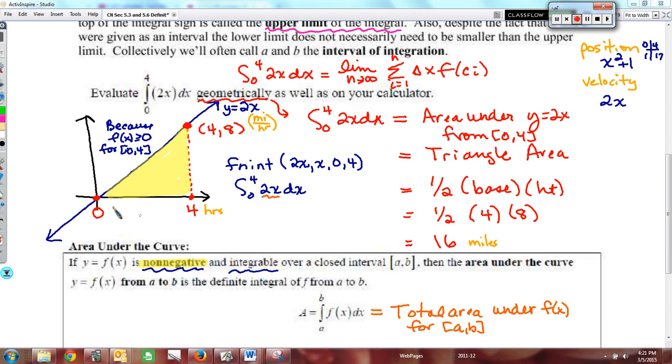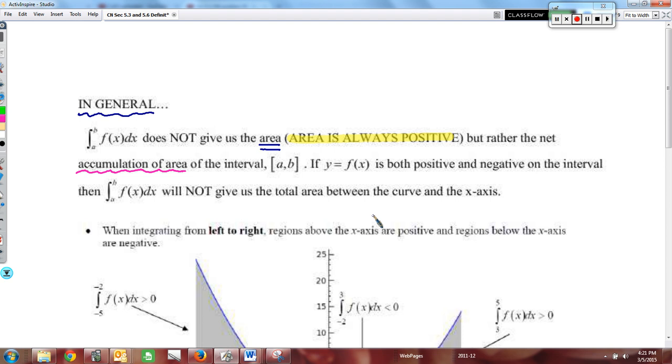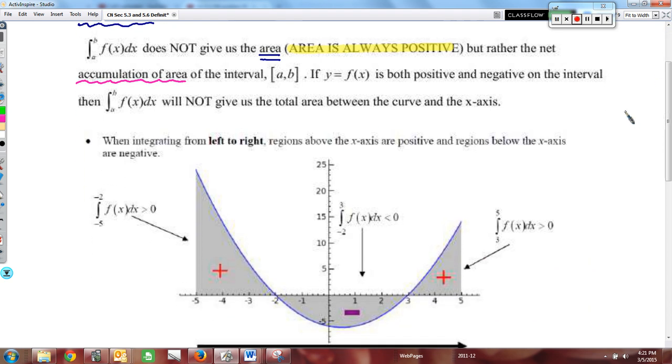So the big idea of this section, before we get into the meat of calculating these, is that the definite integral is an accumulation of area. In the example I'm using, this is your velocity function, so it gives your displacement. We simply call it accumulation of area because you may not always be looking at a position function.